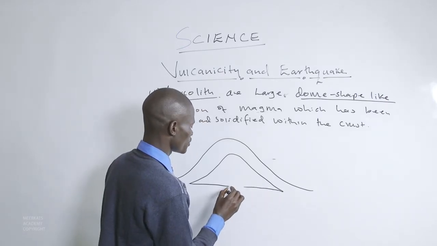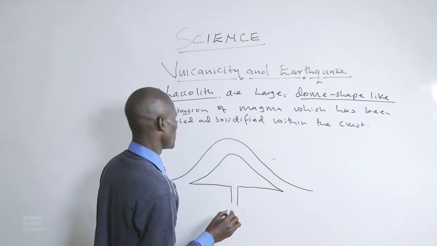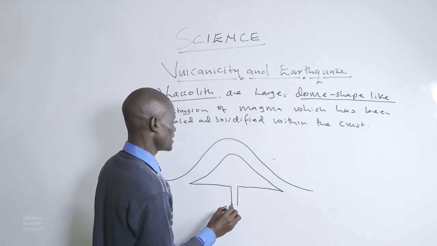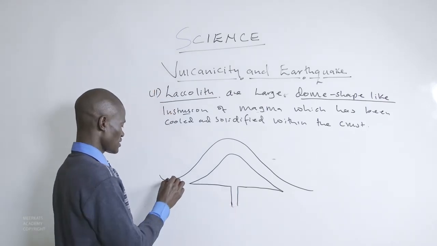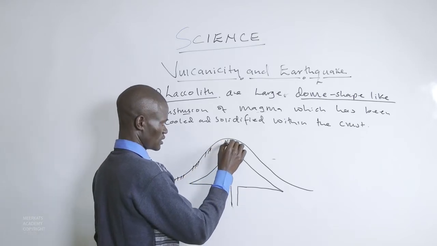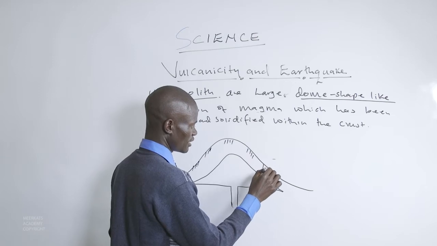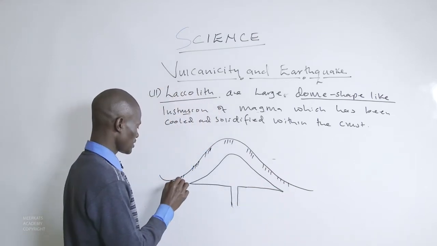During volcanic eruption, magma will try to be extruded into the earth crust. This is just a layer of the bedding rocks within the earth crust.